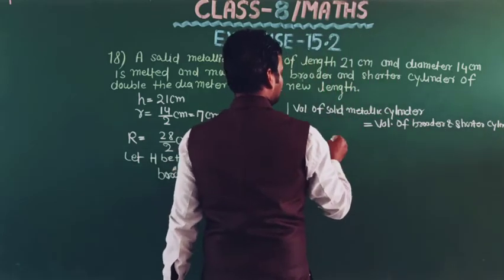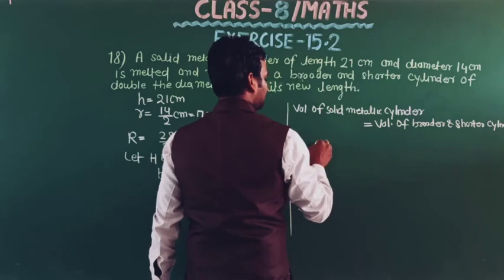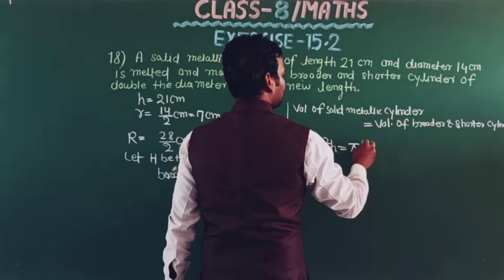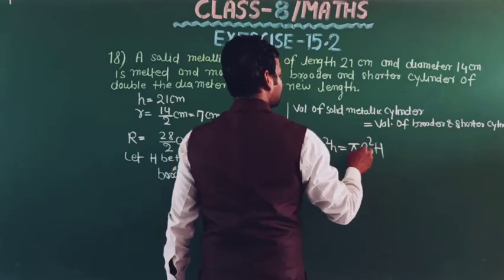The volume of the solid metallic cylinder is pi r square h, and this would be equal to pi R square H.